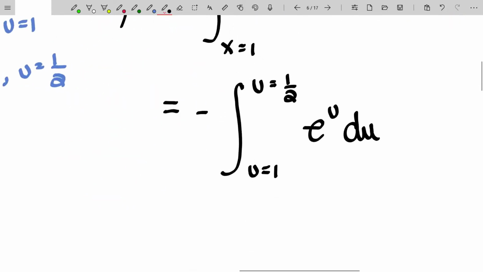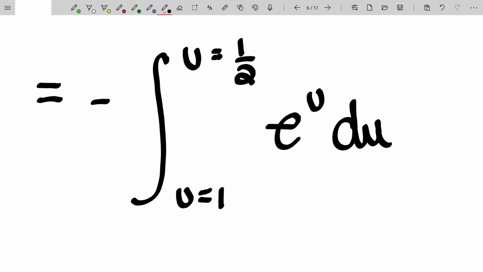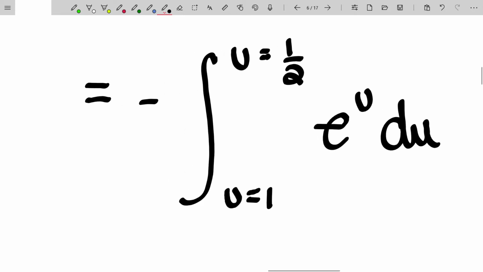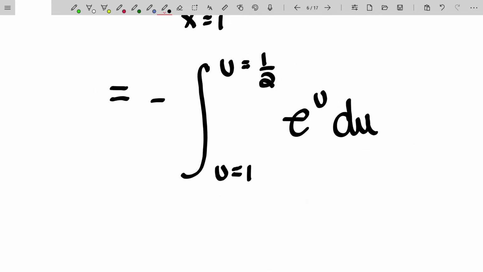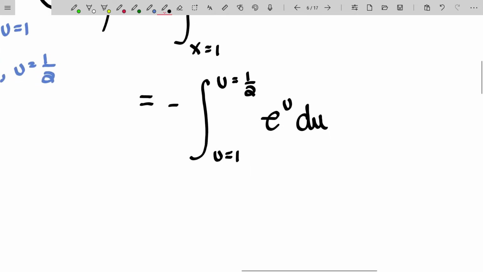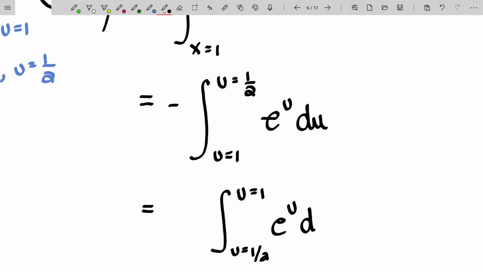Now you say, wait a second, that's written in the wrong order. You're starting at 1 and ending at 1/2? 1/2 is smaller than 1. You are fully allowed to flip those limits. Remember, when you flip those limits, a negative will pop out.